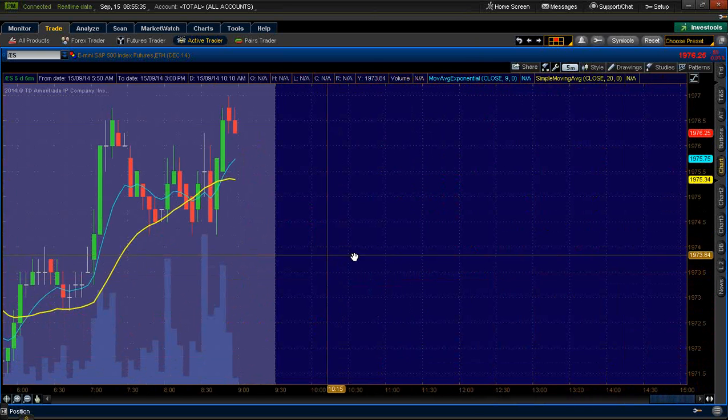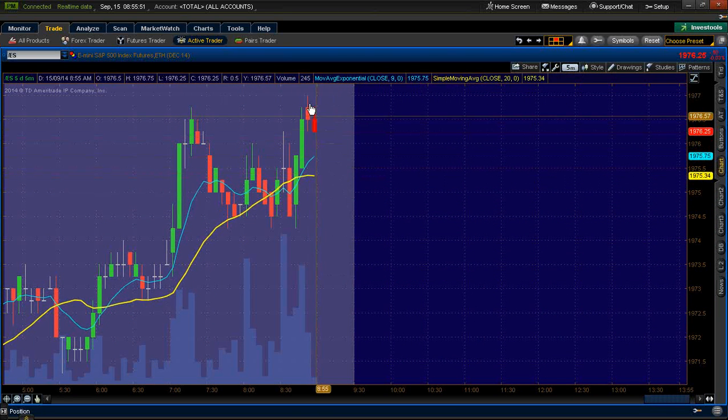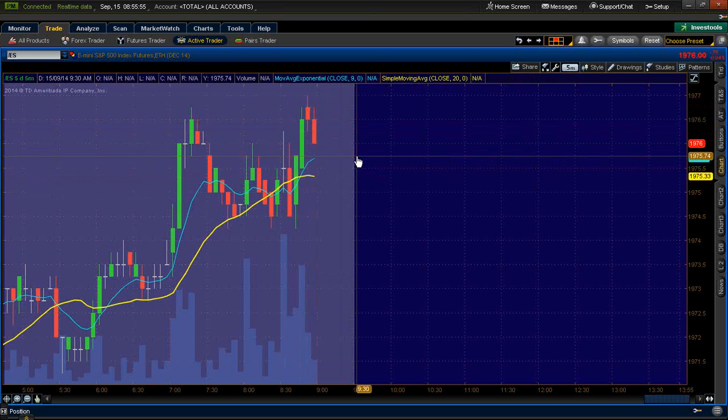On the 5-minute, you can see that we've come up and it had this technical gap, came down, tried to break below the 9 and the 20, closed it below a couple times, and then on the news we've moved up higher, creating a technical gap here. A gap close will bring us down into the 75 range.